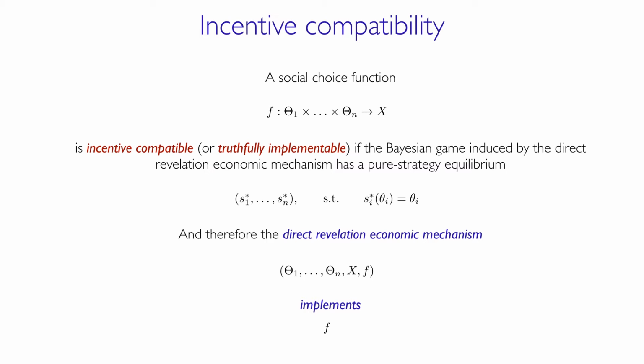A social choice function is incentive compatible if the direct revelation mechanism admits a pure strategy equilibrium prescribing that every player will always report the true types. In other words, a social choice function is incentive compatible when the corresponding direct mechanism implements the given social choice function.